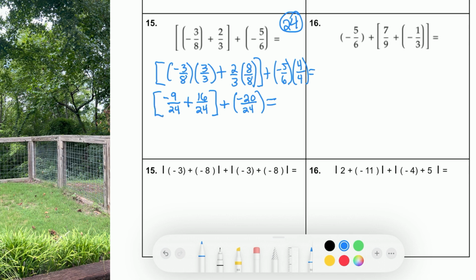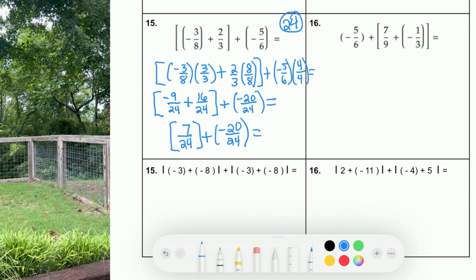All right, so negative 9 plus 16, they have 2 different signs. So I'm going to subtract them and then keep the sign of the larger. 16 minus 9 is 7 over 24. And then 16 is the larger number, so that's going to be a positive 7 over 24. I now have this plus negative 20 that I need to deal with, negative 20 over 24.